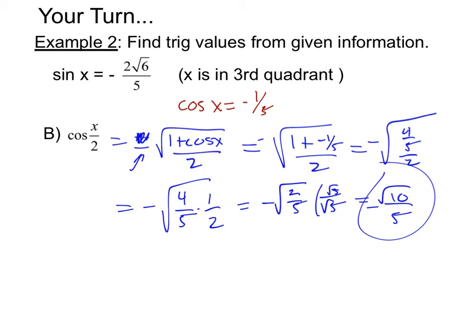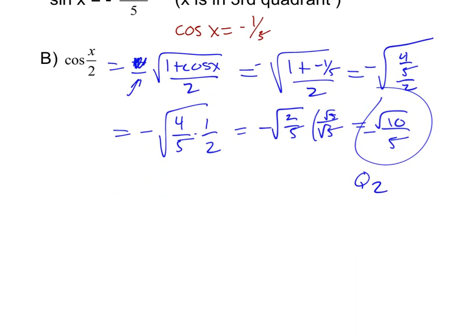Now, if you remember, that's going to be in quadrant 2, okay? So here's how it works. If my original angle is in quadrant 1, then the half angle is in quadrant 1. If it's in quadrant 2, half of that's going to be in quadrant 1.